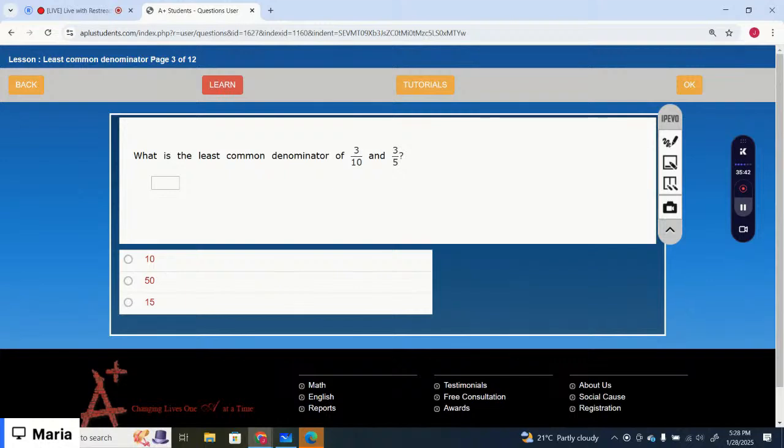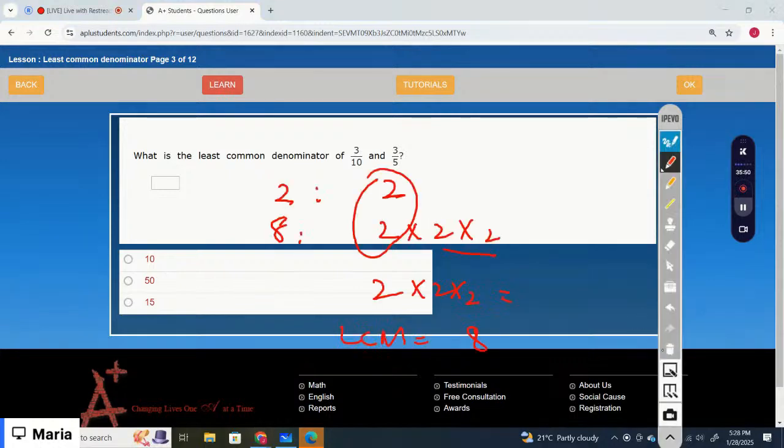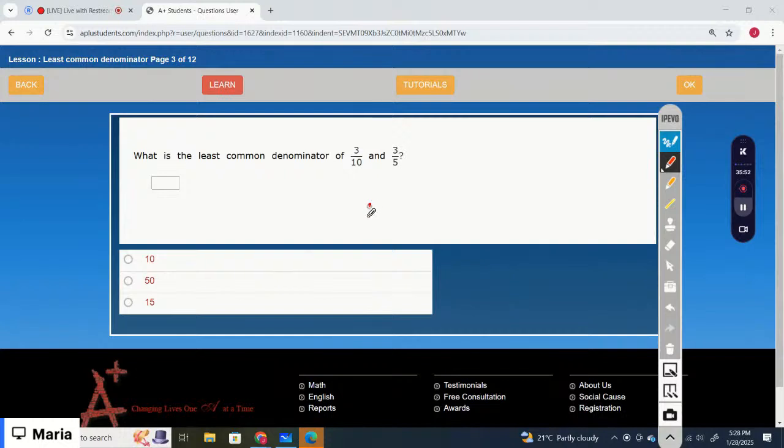What is the least common multiple of 3 by 10 and 3 by 5? So you have to write down the prime factors of 10 and 5. The prime factors of 10 are 2 times 5 and the prime factor of 5 is 5. So this is the common multiple, and 5 times 2 is 10.